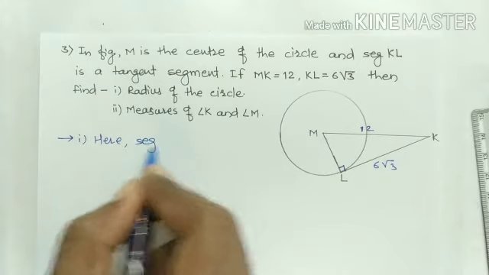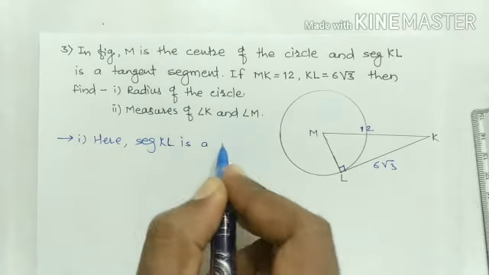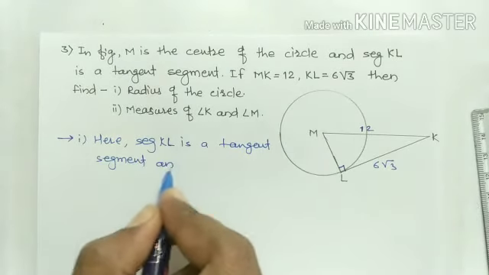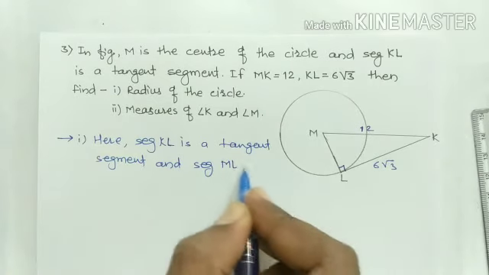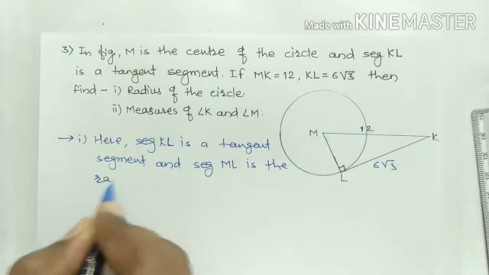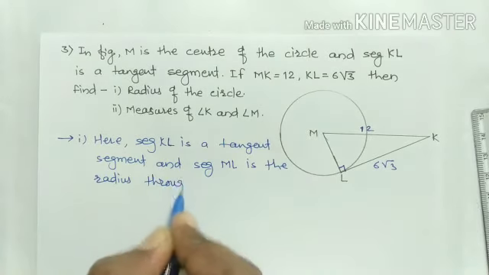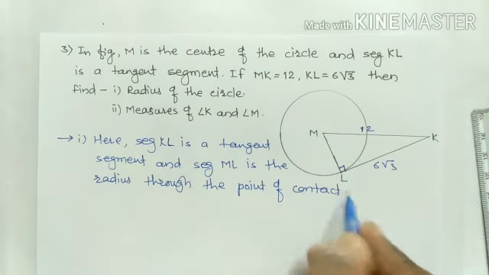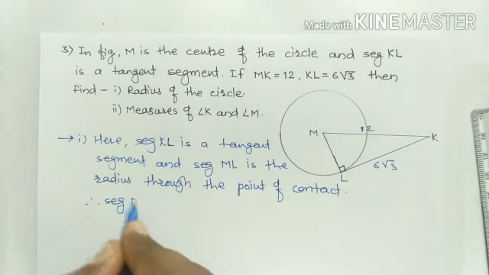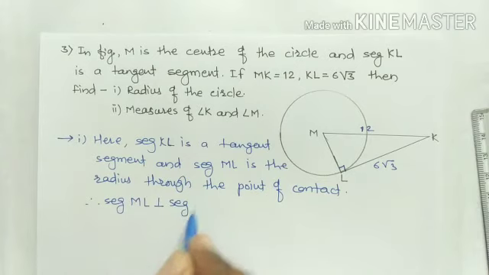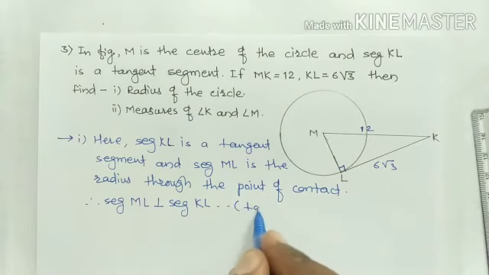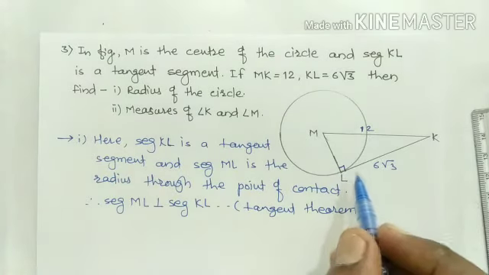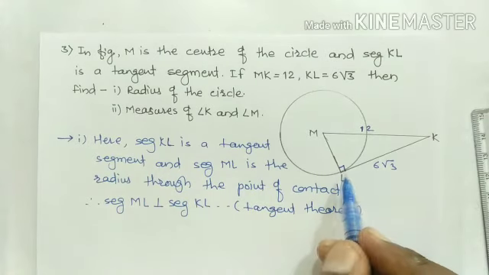See here segment KL is a tangent segment, and segment ML is the radius through the point of contact, and therefore seg ML perpendicular to seg KL by tangent theorem, because radius is perpendicular to the tangent through the point of contact.